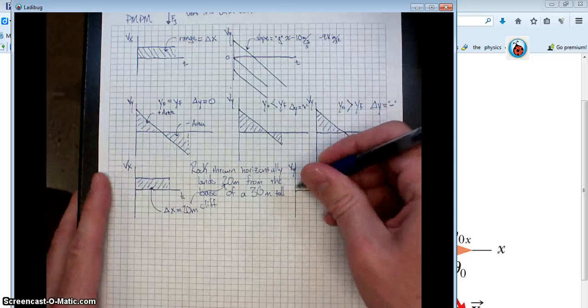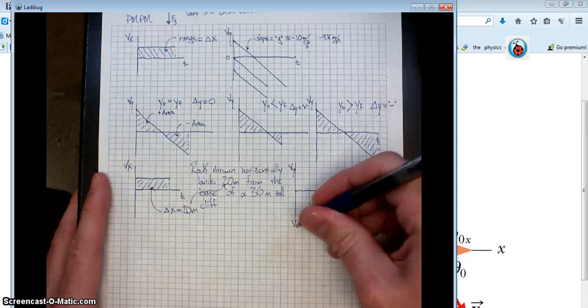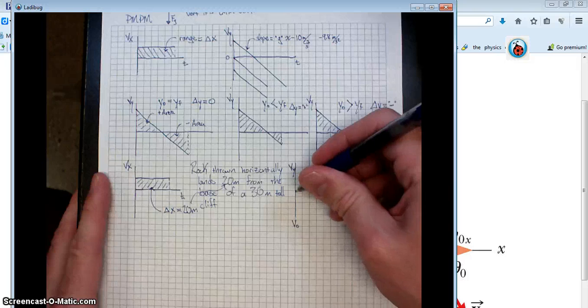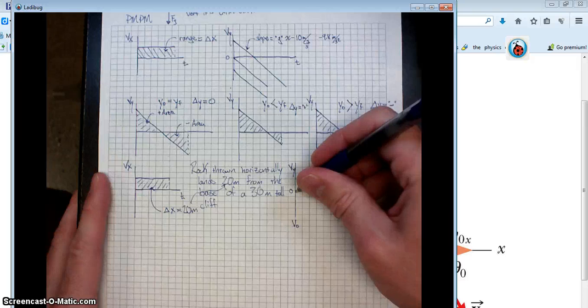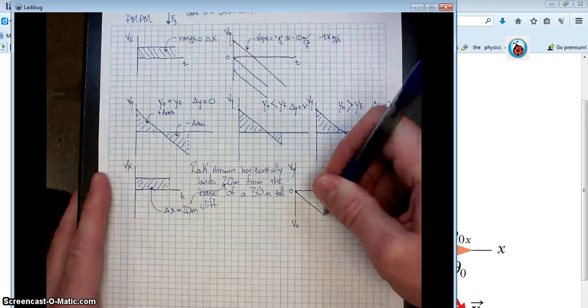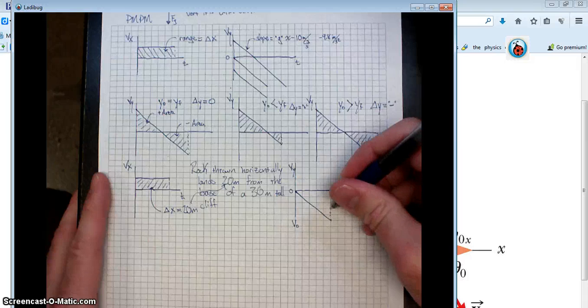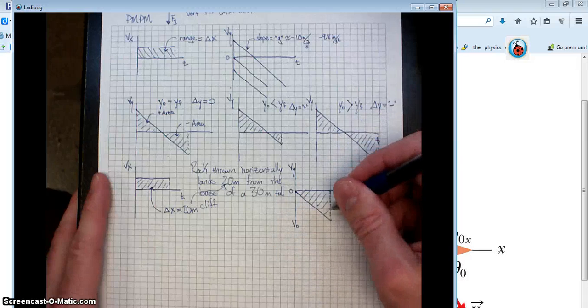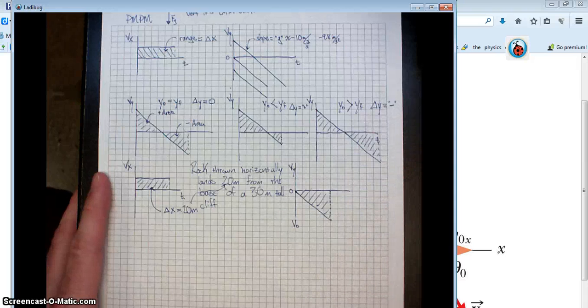Where I started, again, this is my velocity at time 0. This thing's thrown horizontally, so its vertical velocity at time 0 is going to be 0, and then it's subject to gravitational acceleration after that. And so we're going to go like this, and wherever it ends up, the only thing I know right now is that this area corresponds to the cliff height.